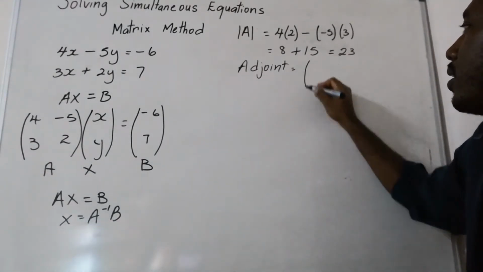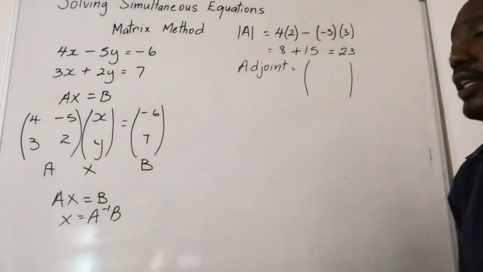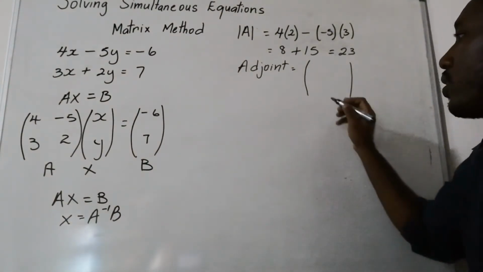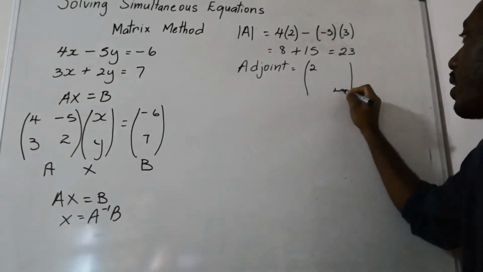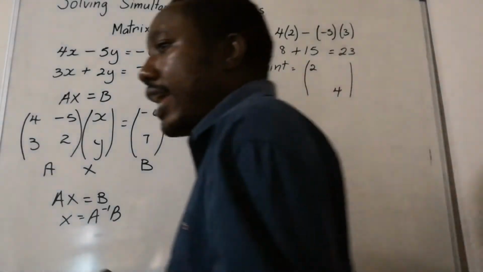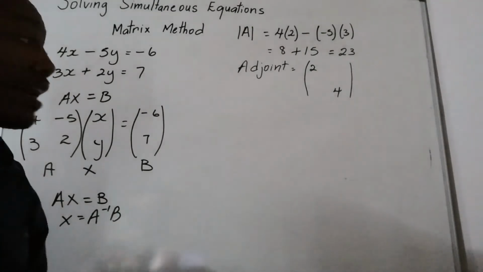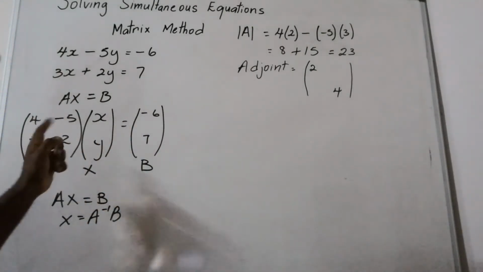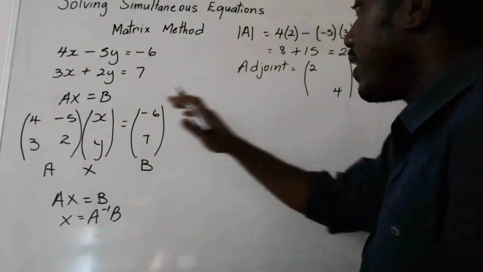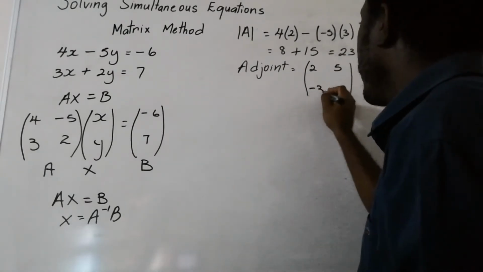The next thing we need is our adjoint. Remember, to find our adjoint, we switch the numbers of the leading diagonal, so where 4 is, we put 2, and where 2 is, we put 4. And we change the signs of the other diagonal, so the negative 5 becomes positive 5 and 3 becomes negative 3.